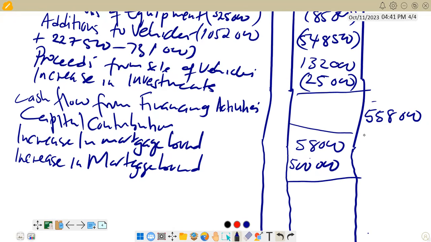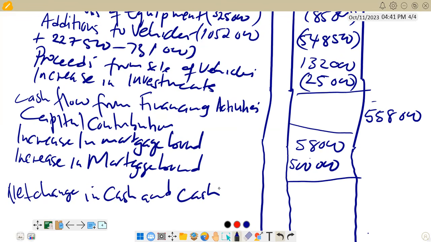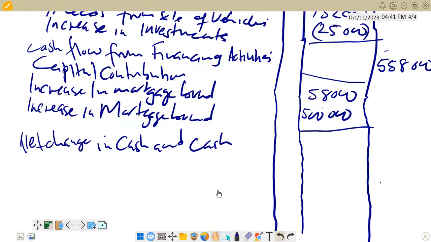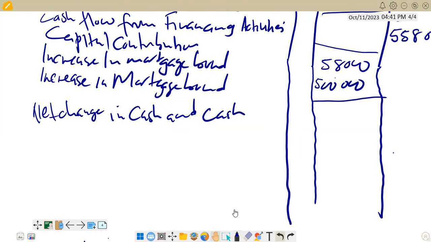Then we have the net change now. The net change in cash and cash equivalents. Right.